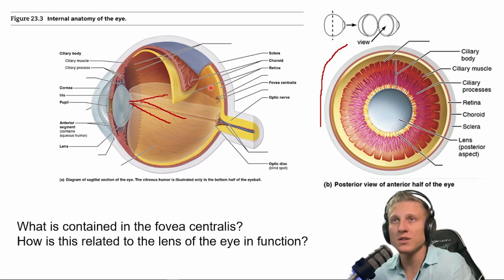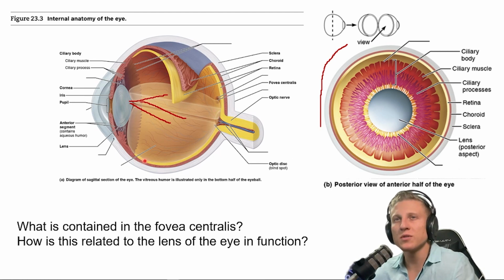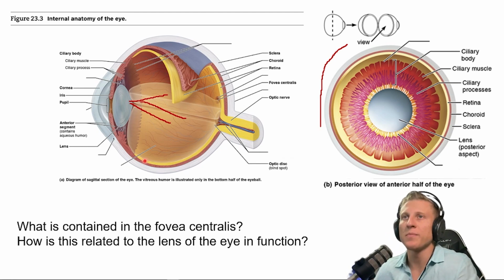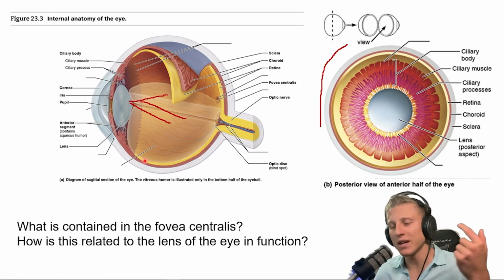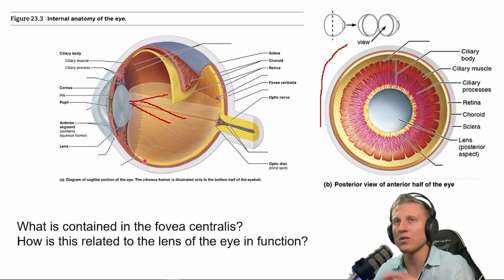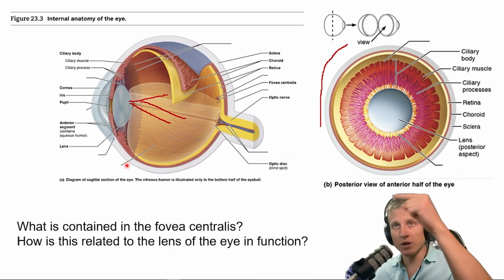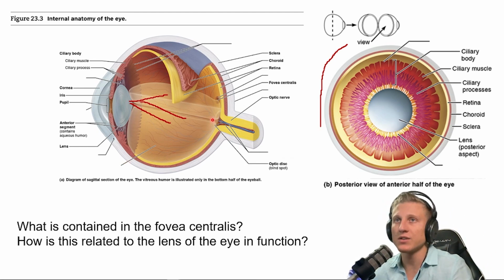The other structure we need to know in terms of the retina itself is this. This is known as the optic disc. So the most superficial layer of the retina, which we'll talk about in a moment, is actually the neural tissue itself. Light has to pass through the neural layer to get to the photoreceptive cells just underneath. And the axons of all of those neural cells are running along the surface of the retina, and then eventually they are shunting backwards here to form the optic nerve.